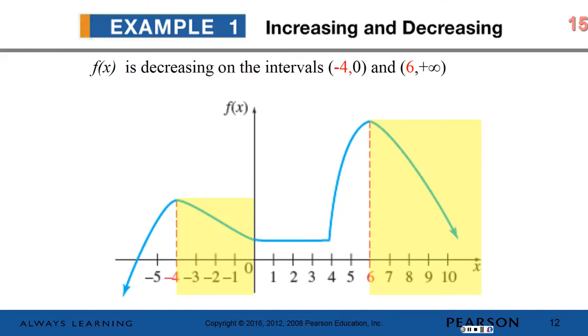I put parentheses because you're actually leaving out the -4 and the 6. What is happening at -4 and at 6? Is it increasing or decreasing? Neither one. It's stopped. It's about to change directions. It's sitting at the corner and about to head the other way.